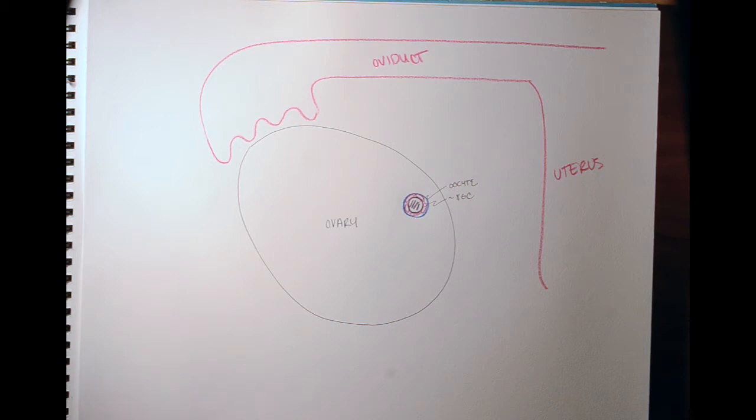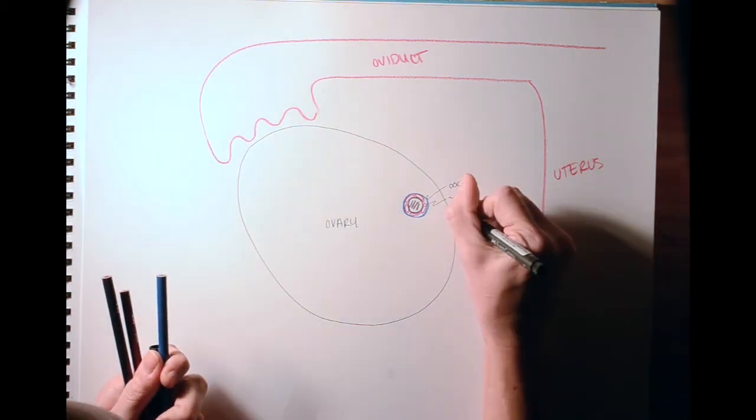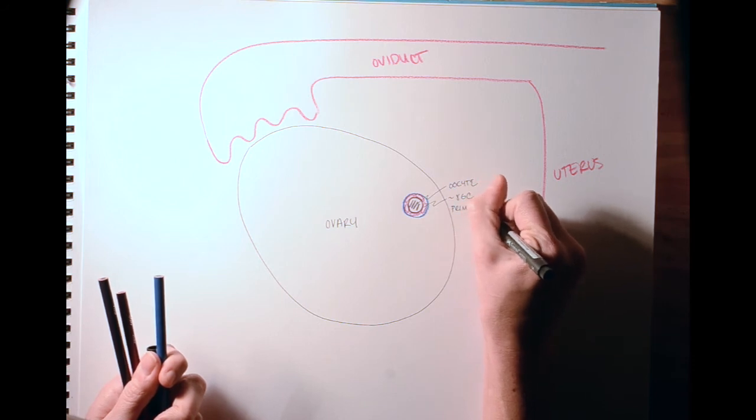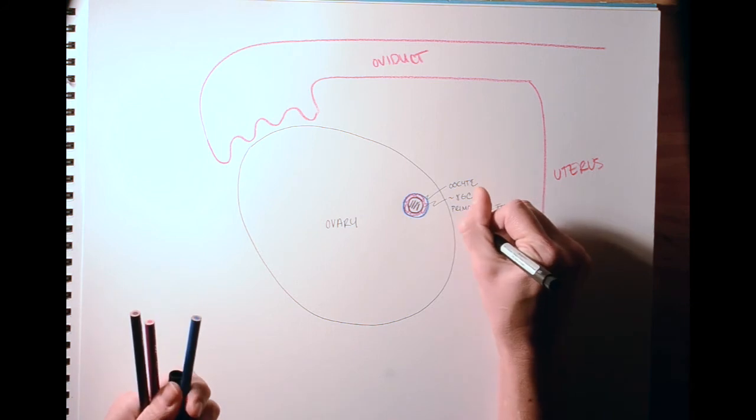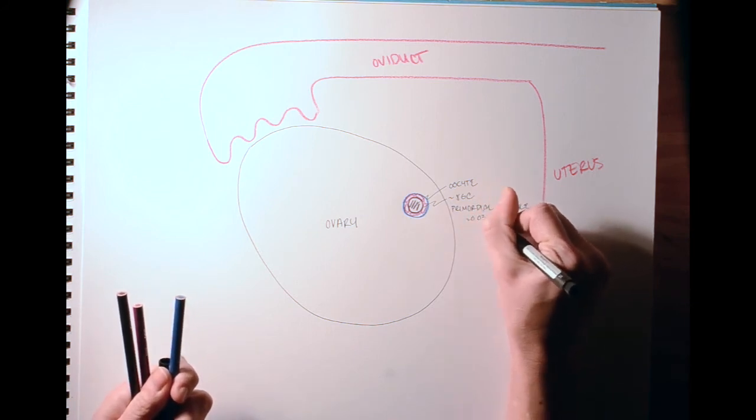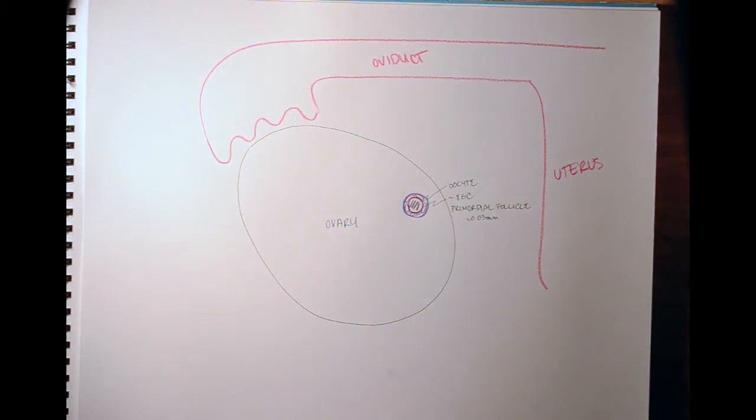So this is again the primordial follicle. And it's approximately 0.3 millimeters in diameter. And so what we'll see is that basically on a regular basis, we think of the female menstrual cycle as being roughly 28 days. We can think of this as sort of that cycle that we have this recruitment of primordial follicles on a regular basis.